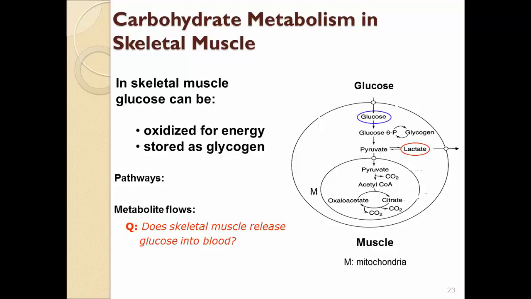And liver is also the tissue that breaks down glycogen and releases glucose into circulation. But we did not put muscle on that slide, remember? Why can't muscle? Muscle has a lot of glycogen, right? But why is it different from the liver? Why can't muscle release glucose into circulation?